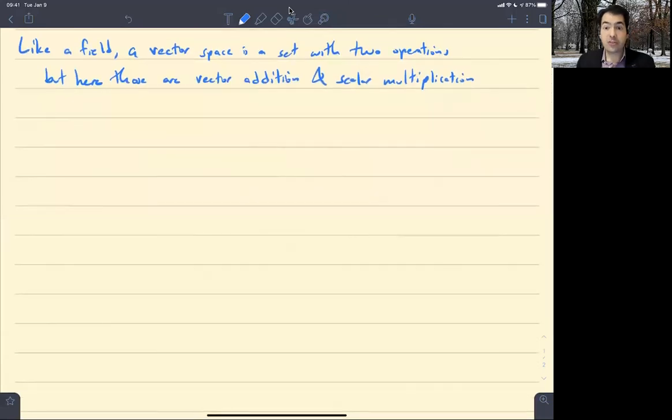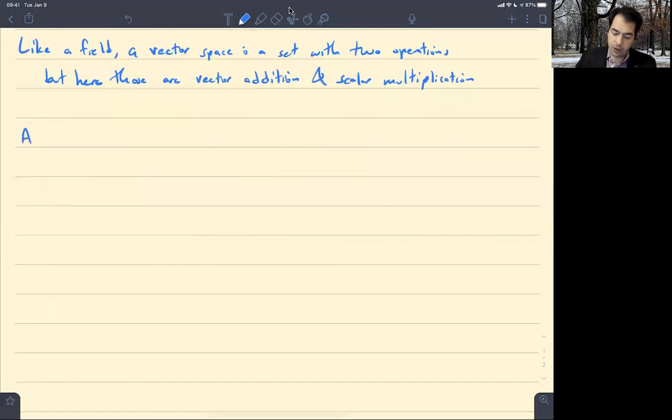Just like for a field, we're going to give a formal definition, which means we're going to say what properties these two operations have. Also, just like a field, there's going to be a distinguished element. In this case, it's going to be the 0 vector. Every vector space has a 0 vector.